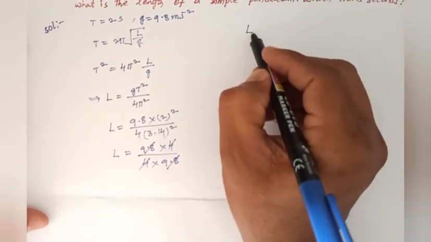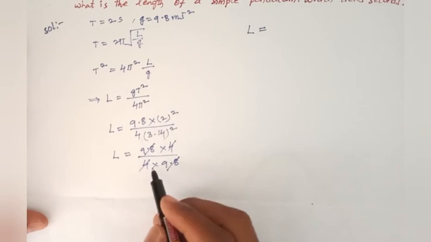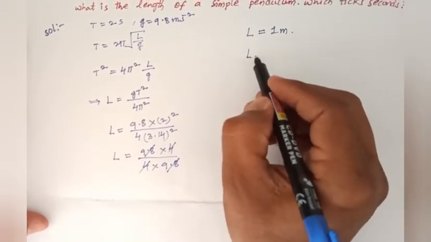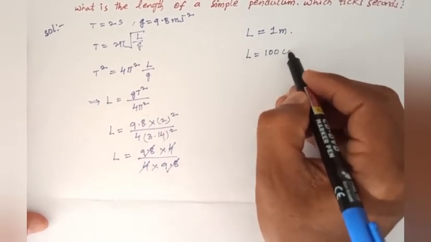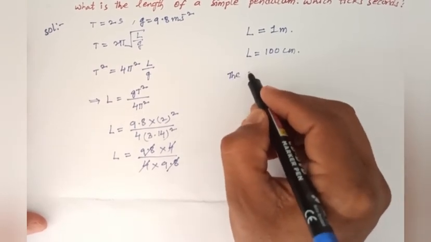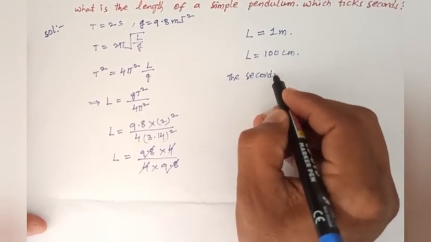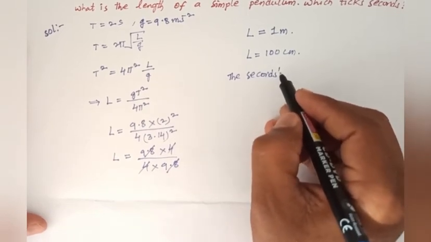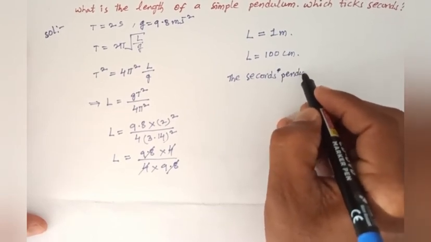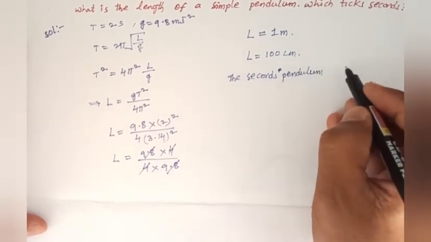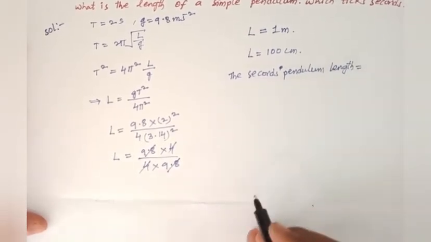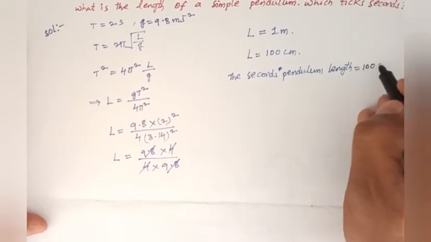So the L value is 1 meter, which is also 100 centimeter. The length of the seconds pendulum equals 100 centimeter.